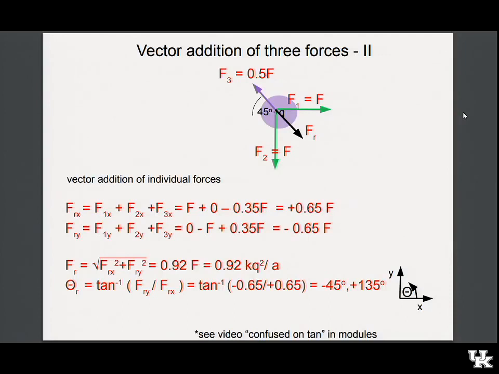I'm just adding F1x, F2x, F3x to get FRX, and doing the same thing for the y components. When you do that sum, here are the x and y components of the resulting force. They're 0.65 F towards the right, and 0.65 F downwards. You can see that force here, in black, is a picture of that resulting force.